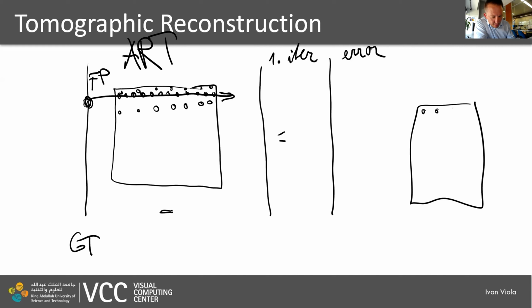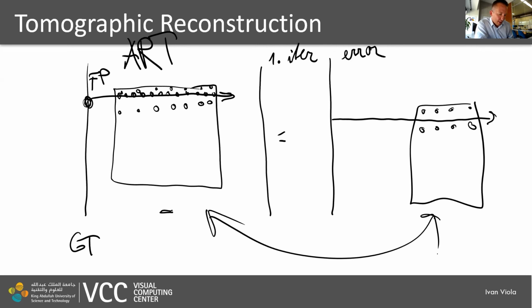As our ray was passing through these samples, we distribute the error to all of the contributing samples through a back projection. So we back project the error into the volume, and with this we are actually improving the estimate of how this volume looks like.